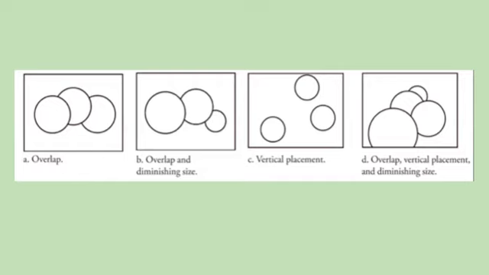You can overlap them, overlap in diminishing sizes, use vertical placements, and combine overlapping, vertical placement, and diminishing sizes to imply depth. On the very far right image, the larger the circle is and the lower it is in the image, the closer it appears to be to us. And the smaller the circle is and the higher it is in the image, the furthest away it seems to be from us.